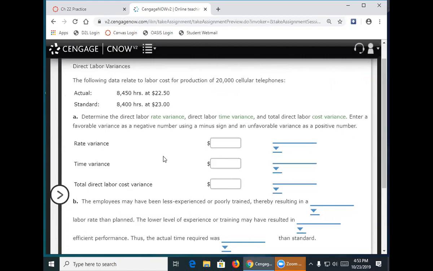Are we paying our laborers more than what we planned? And a time variance. Are we using more hours than what we planned? And again, we can see we actually used more hours, but we paid our workers a little bit less. So it may have taken more hours because we have some workers that aren't as skilled as we thought we would. So we're going to calculate the actual variances.